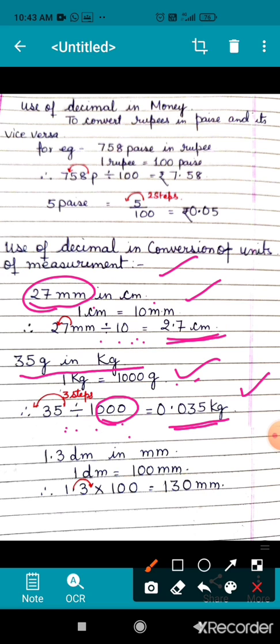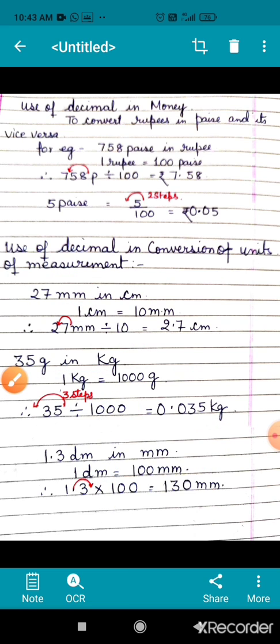Okay. Now here 1.3 decimeter in millimeter. Children, 1 decimeter has 100 millimeter, and decimeter is a bigger unit. So from a bigger unit to a smaller unit, what will you do? You will multiply.